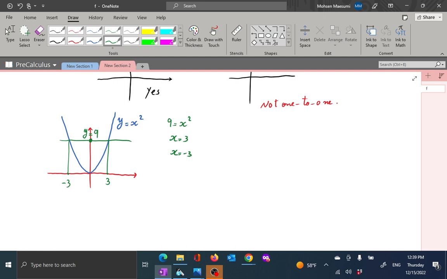Where do we see this issue? The issue comes up in a function that's called the square root function. If I have square root of 9, what is the number that comes out of this?